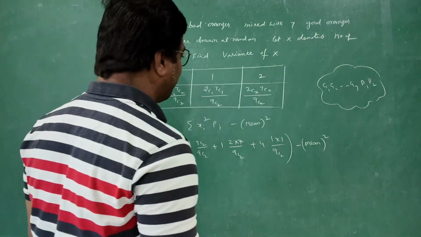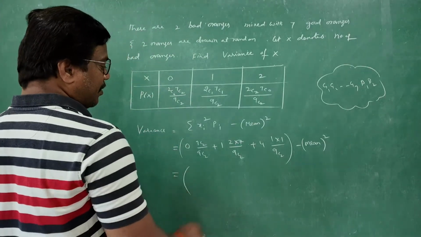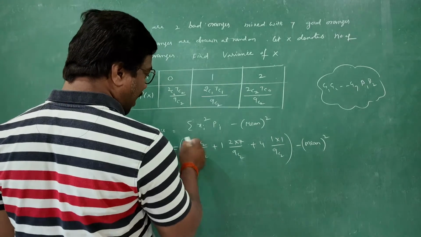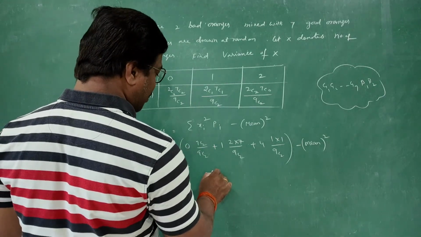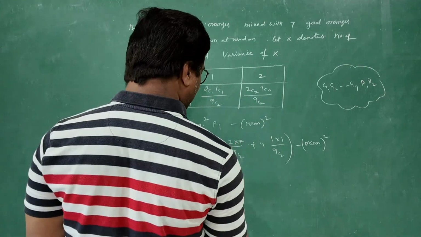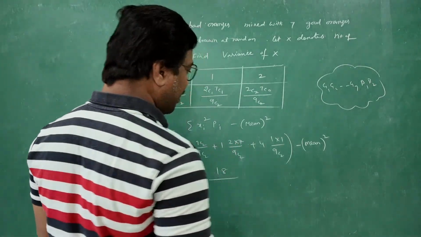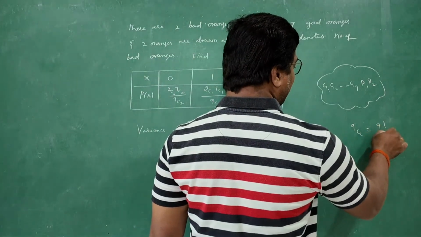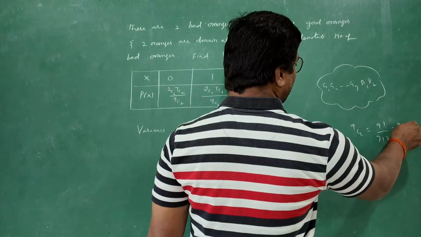Mean also you need to find. What is 7C2 value? Actually it is 0, right? Next 2 into 7, 14 plus 4, 18 divided by 9C2 value. 9C2 is 9 factorial by 7 factorial 2 factorial.